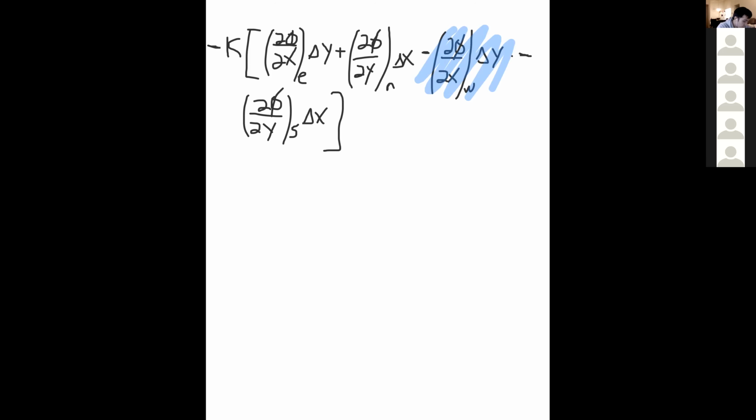But if we replace this with the Dirichlet boundary condition, it's going to have this expression here. We take phi sub c just like before, but instead of subtracting the west neighbor value, let's subtract our prescribed value. So we have phi sub c minus phi naught, which is something that we know. This phi naught right here is our prescribed value.